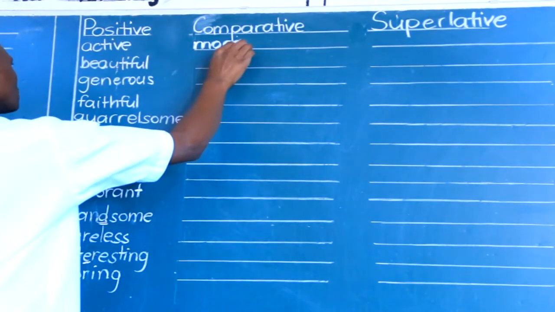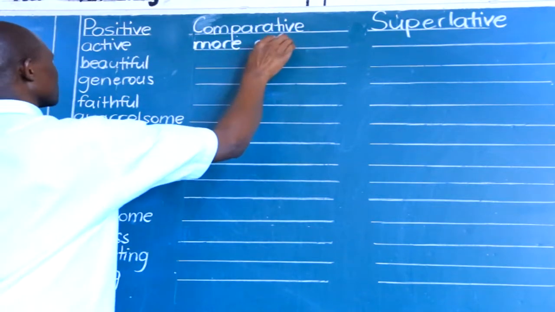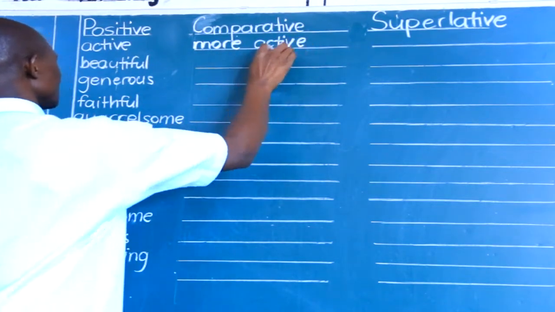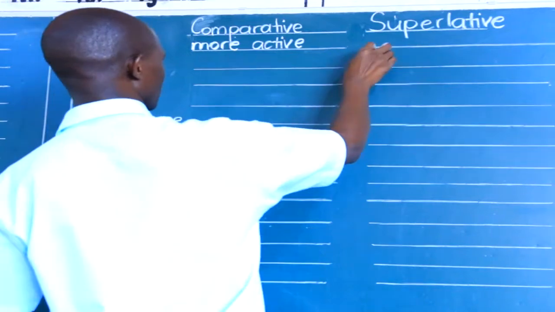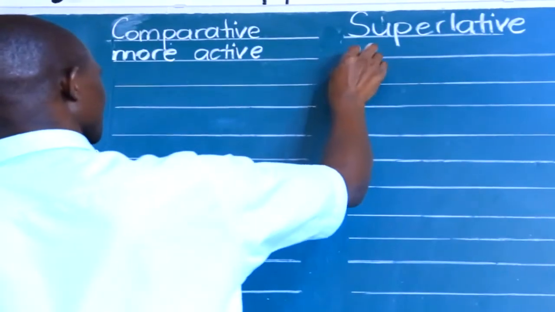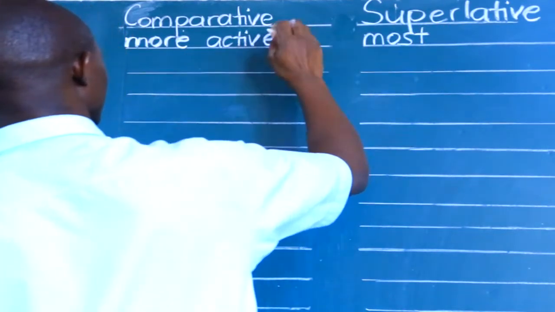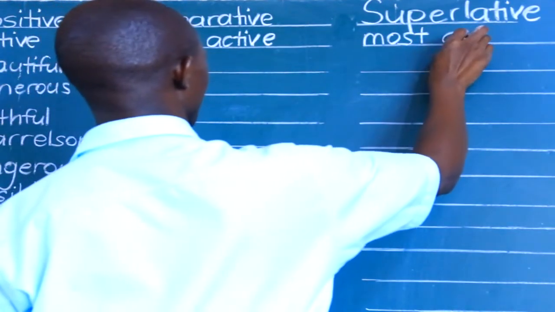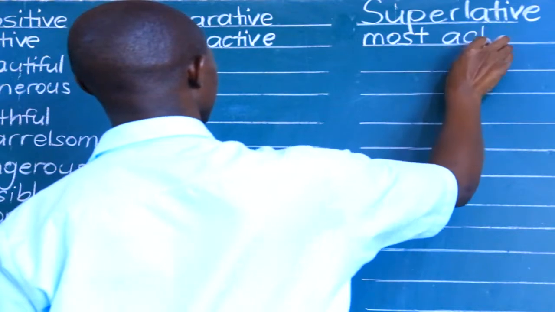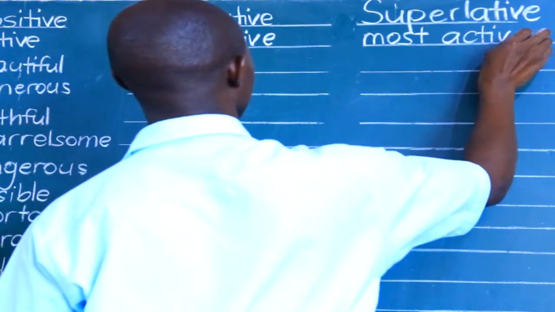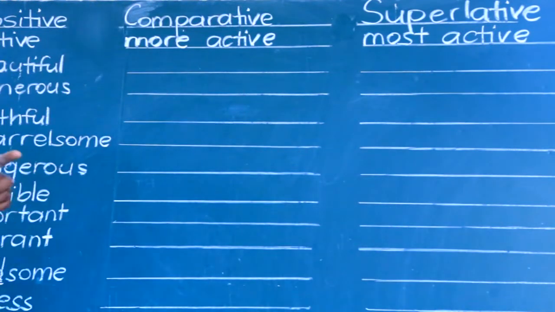M-O-R-E, more. More what? More active. Then the superlative, the rule says we add most, then the root word or the positive degree itself, which is active. More active, most active.